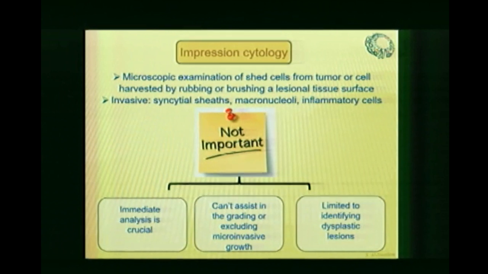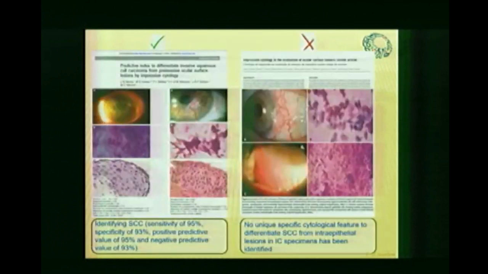It requires an immediate analysis and an extremely experienced pathologist. It doesn't help you in grading the tumor, and because it doesn't have the basement membrane as well, it may give you only the superficial dysplastic cells, and underneath it's hiding an invasive lesion. Again, it's an issue of what you call controversy.